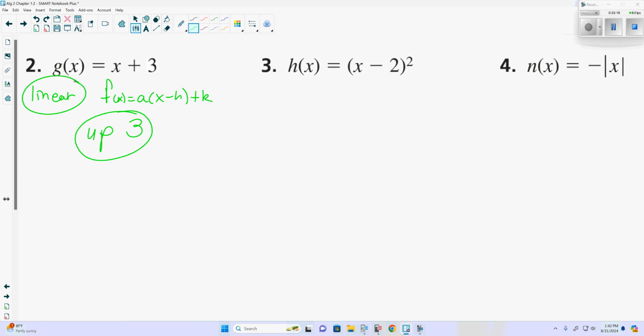Let's look at number 3. h of x equals, parentheses, x minus 2, close parentheses squared. What's its parent? Quadratic. Now, just looking at that, can anybody say what the transformation is?